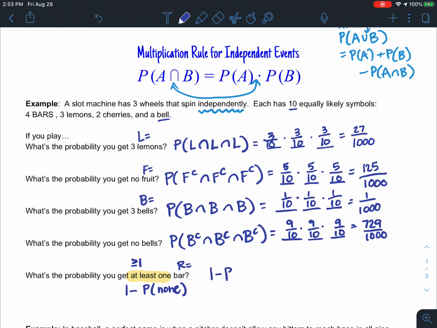So let's try it. 1 minus the probability that none are bars. So no bar, and no bar, and no bar. Let me put that 1 minus in here.